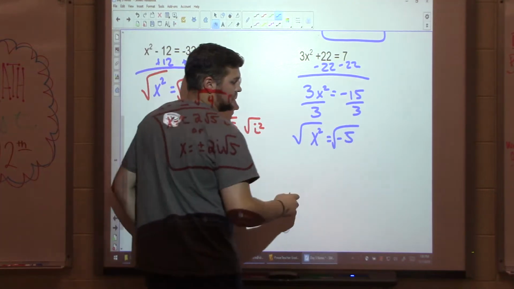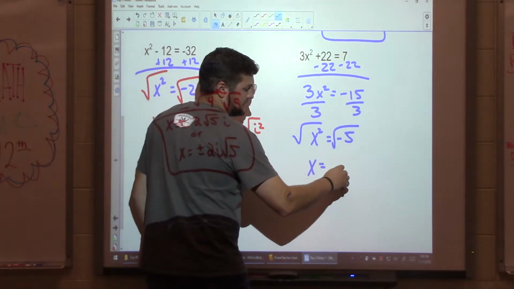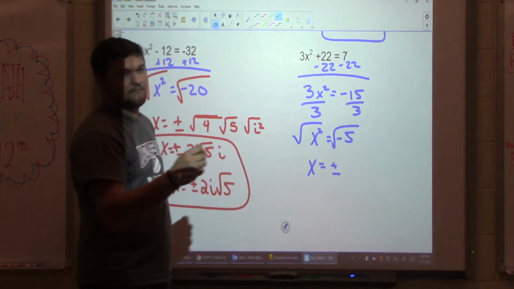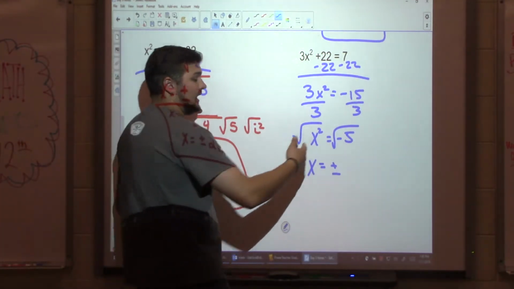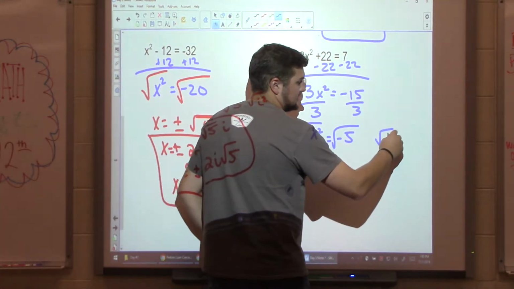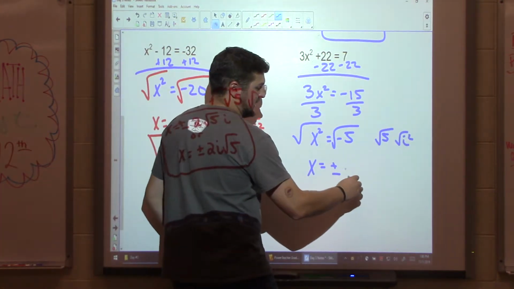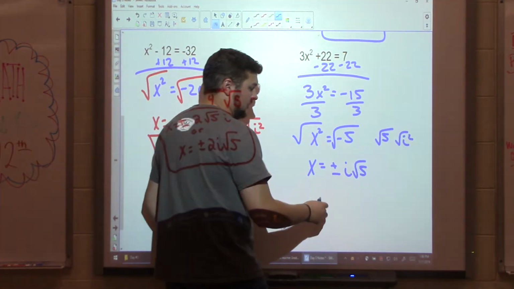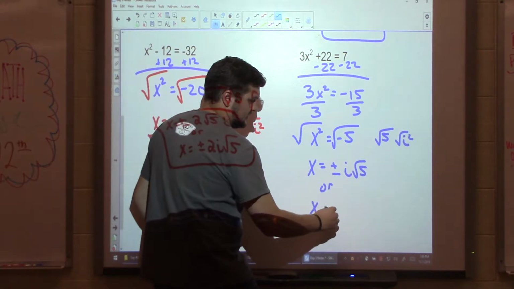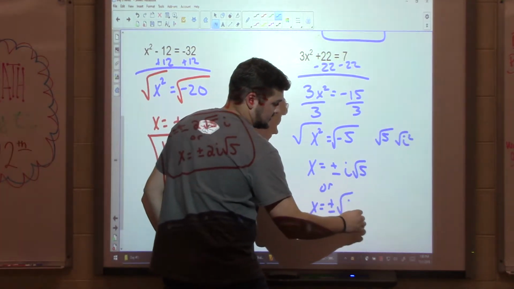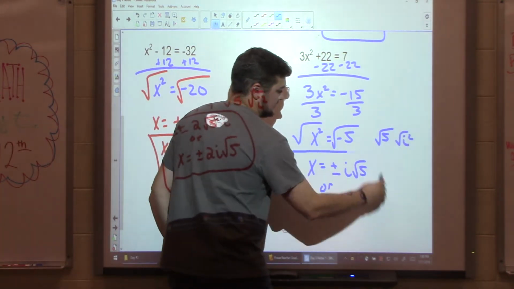Square root. x equals positive negative i squared 5, right? Because this would be square root of 5, square root of i squared. So i square roots of 5. Or you could put positive, negative, square root of 5, i.